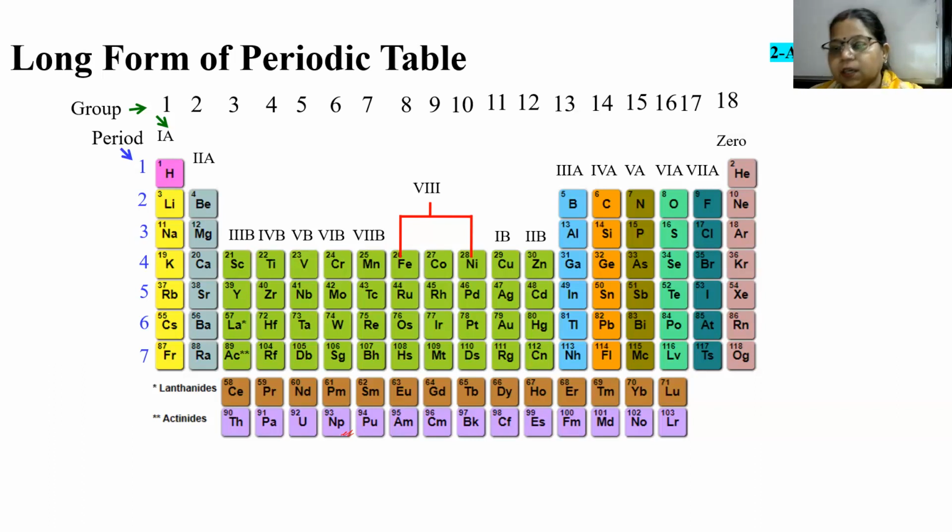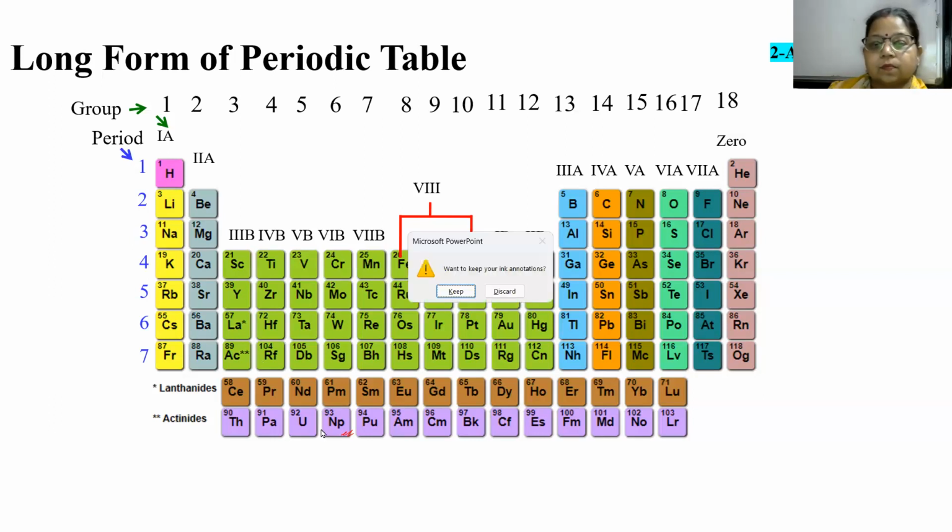Now, can anybody enlighten me or tell me why a certain group is numbered as A and why a certain group is numbered as B? And a hint to you, that answer lies in the electronic configuration of the elements of this group.